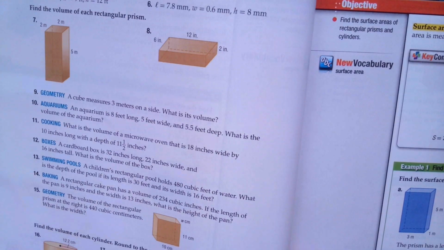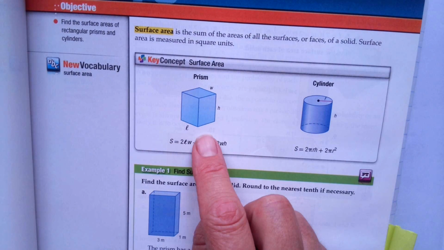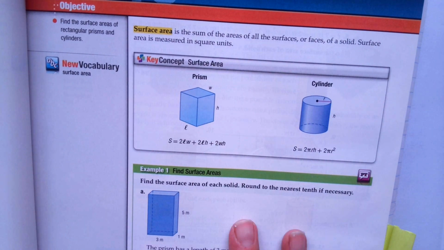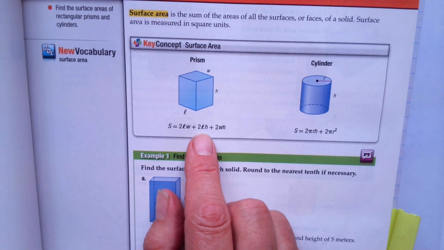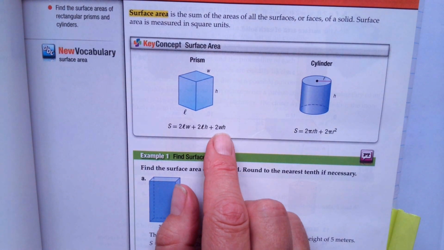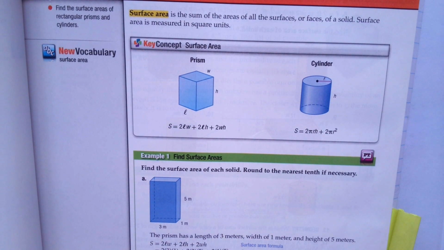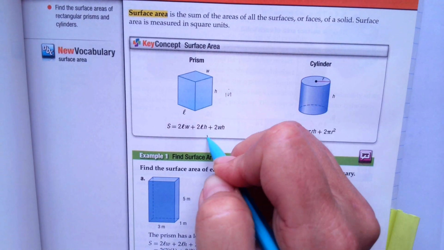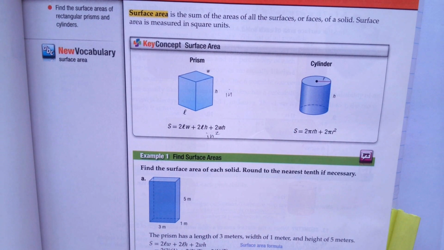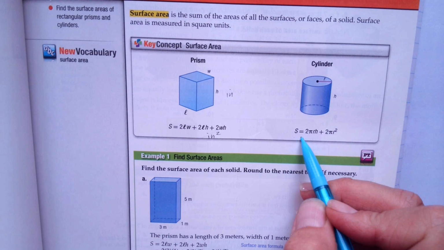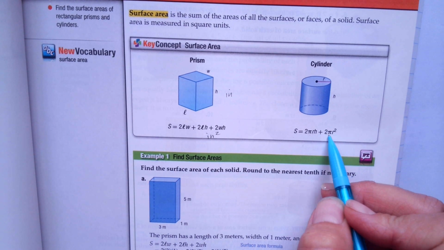All right, surface area. So we have a surface area of a prism. Our formula is S equals 2 length width plus 2 length height plus 2 width height. And your answer will be in, say this was inches, it would be in inches squared because it is area. A cylinder is surface area equals 2 times pi r height plus 2 pi r squared.